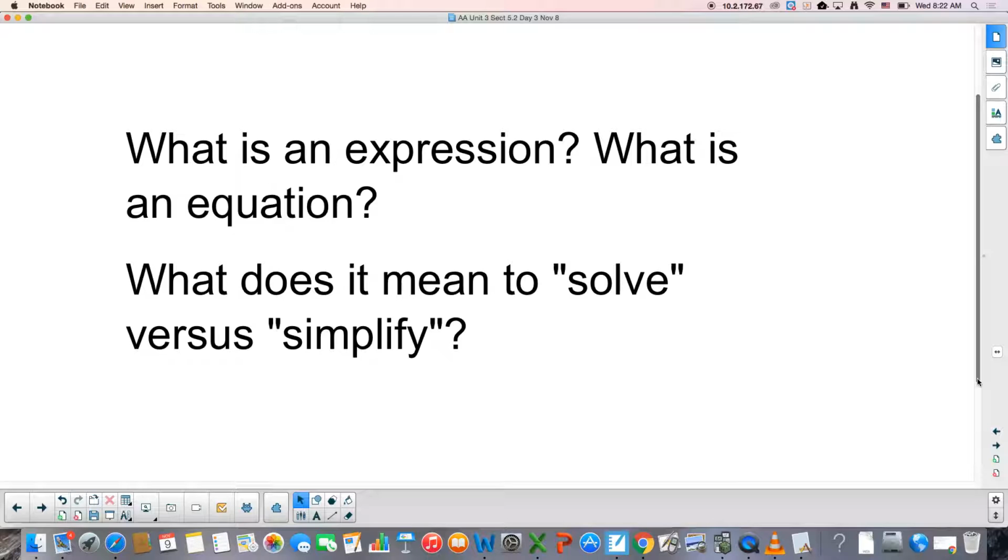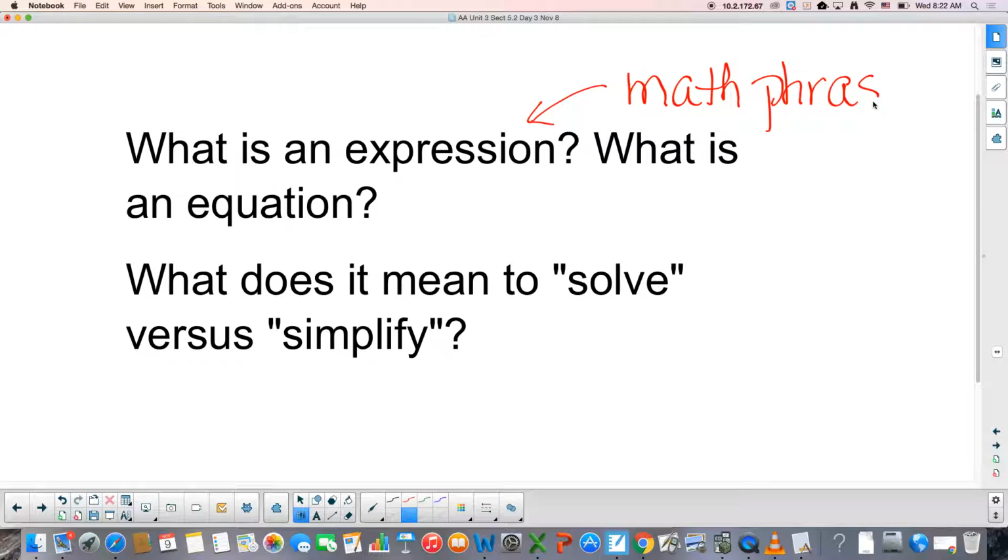So I'll do this. Okay, so an expression is a math phrase. I think I fixed it so it's not so big. And this is a math sentence. What's the difference between a phrase and a sentence? Think of English. We're in English class now.